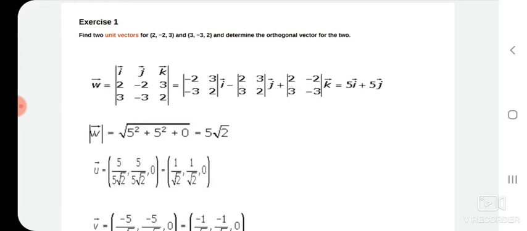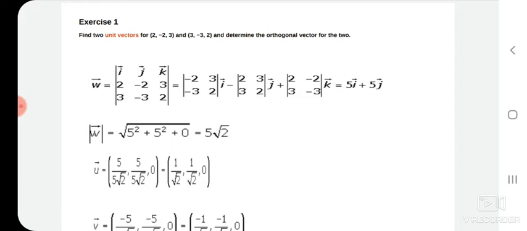Minus 2 into 2 minus 2, minus 3 into minus 3, minus 9, minus minus plus, that is why it became plus 5i. Minus determinant of 2 3 3 2 j, it gives 2 into 2, 4 minus 9, it gives minus 5, minus minus becomes plus 5j.